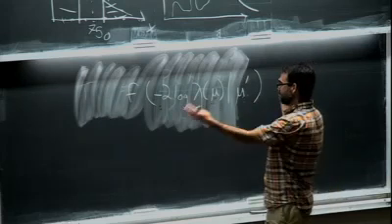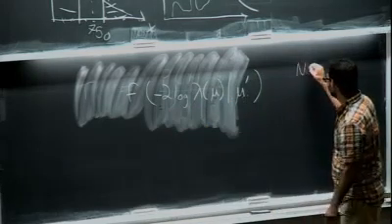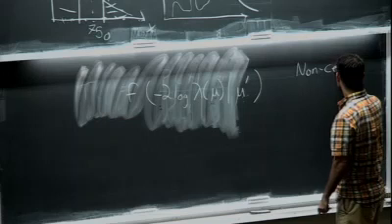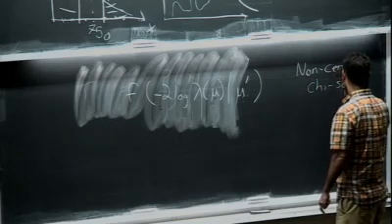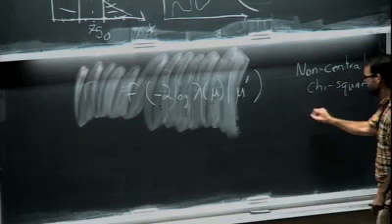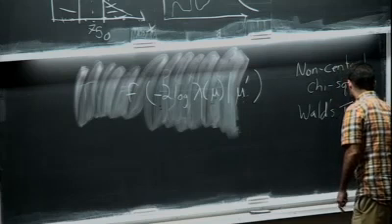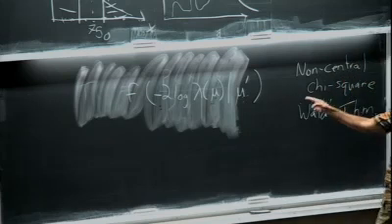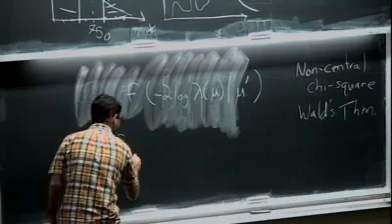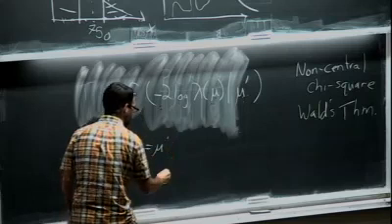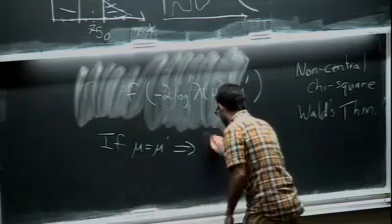This distribution is known, and in general it's called a non-central chi-square. This is called Wald's theorem. It has a special case: if mu equals mu prime, then this distribution is a chi-square distribution.